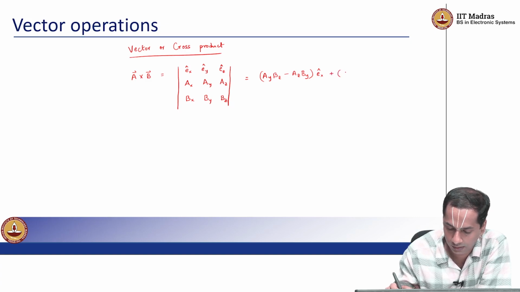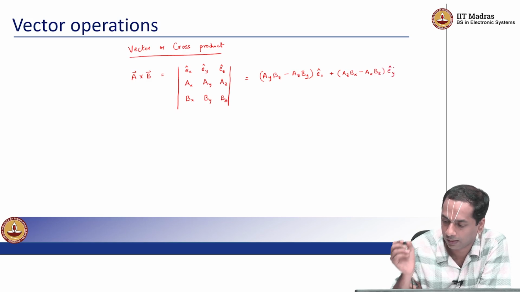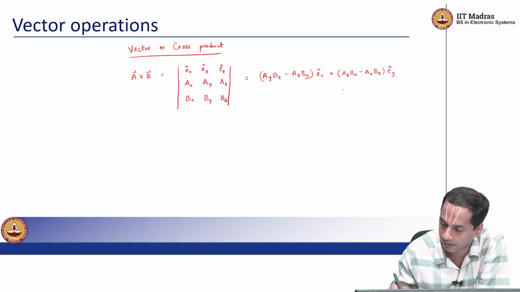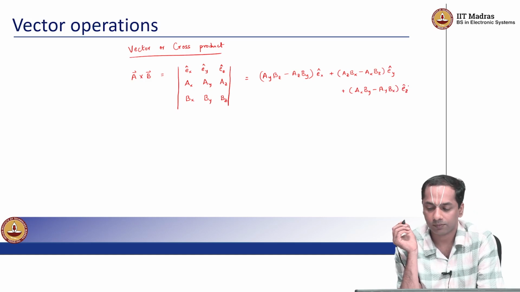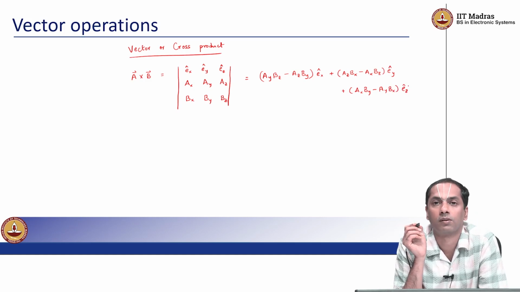Then we have az bx minus ax bz, and finally ax by minus ay bx, the z component.